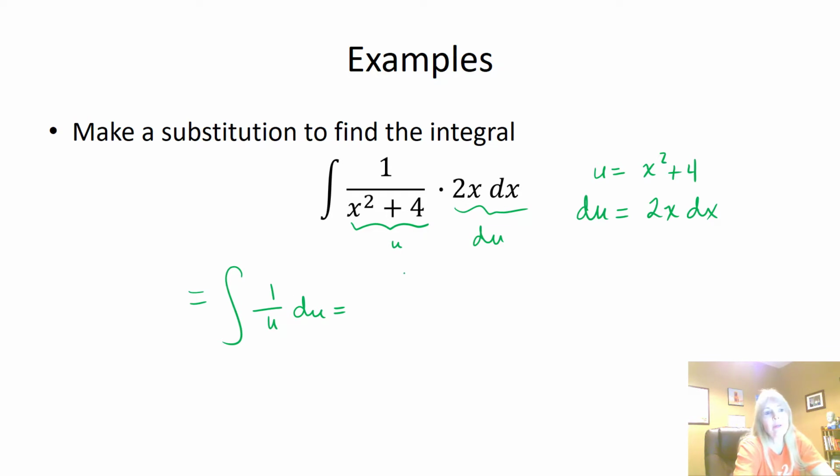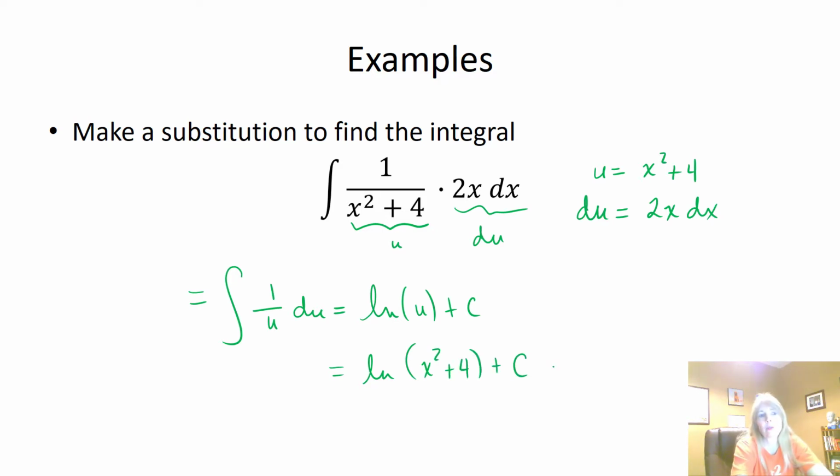The antiderivative of 1 over u, you remember, is ln of u. Finally we plug back in our u to get our final answer.